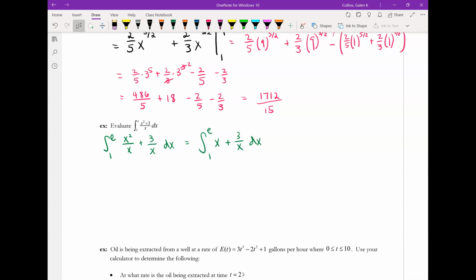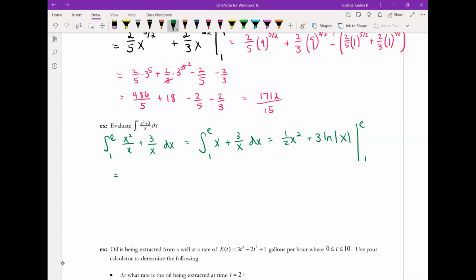All right, and now we can find the antiderivative. So the antiderivative of x is 1/2 x squared. The antiderivative of 3 over x is 3 times the natural log of the absolute value of x. And we're going to evaluate that from 1 to e.